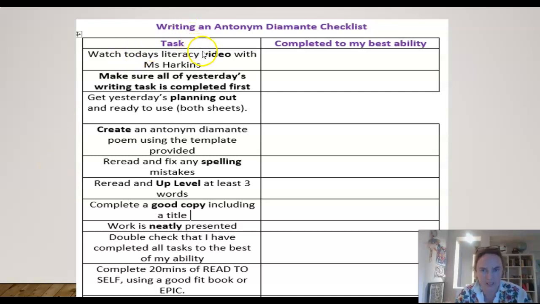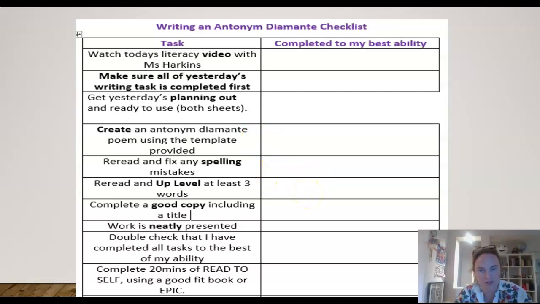So watch today's literacy video, tick. Make sure all of yesterday's writing task is completed, tick. Get yesterday's planning out and ready to use. So you need your 2 sheets that you had yesterday. Create an antonym diamante poem using the template provided.